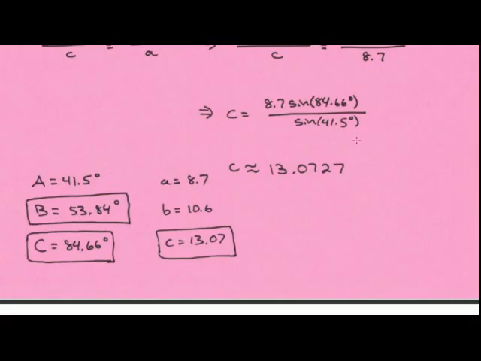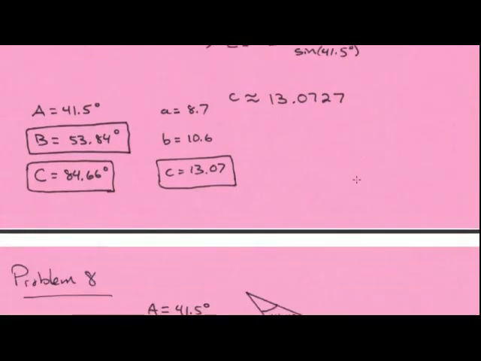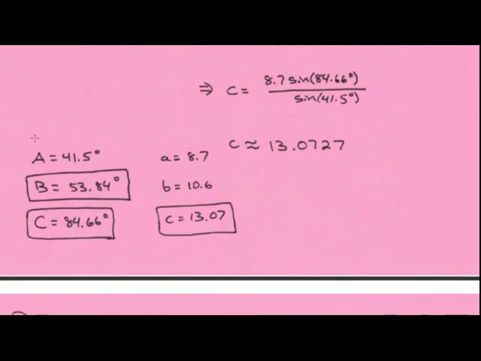So plugging that into the calculator, we get approximately 13.0727. And so now for all 6 values of our triangle, we have angle A, which we were given as 41.5, side A of 8.7, side B of 10.6, and then we have angle B of 53.84 degrees, angle C of 84.66 degrees, and side C of 13.07.